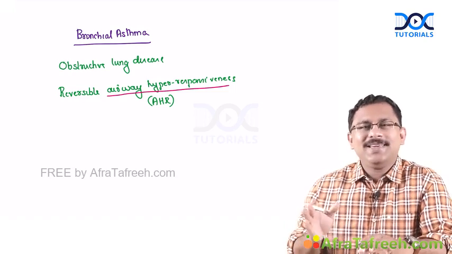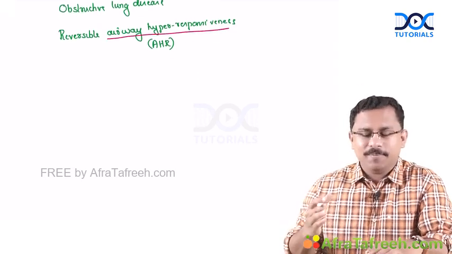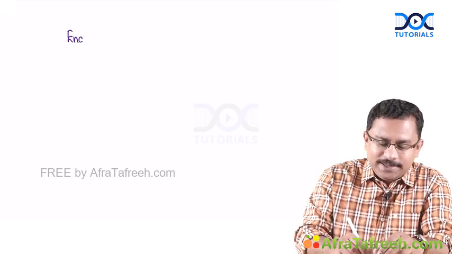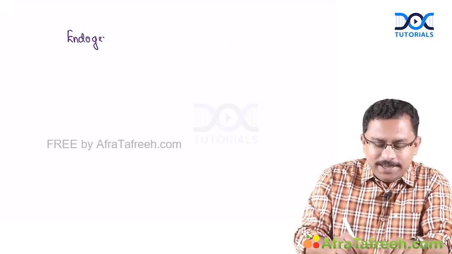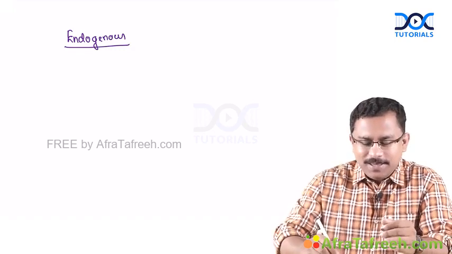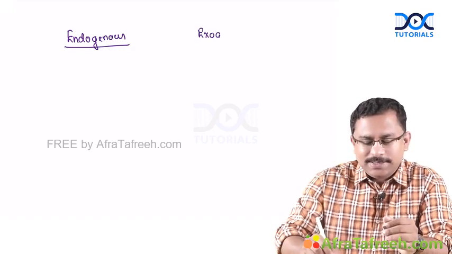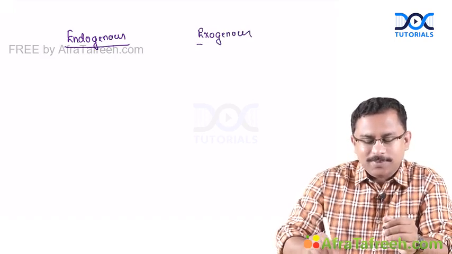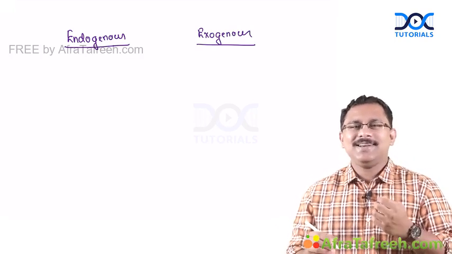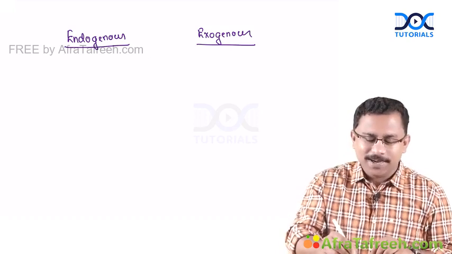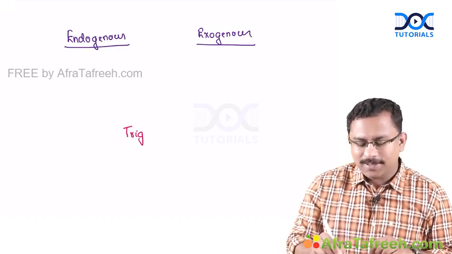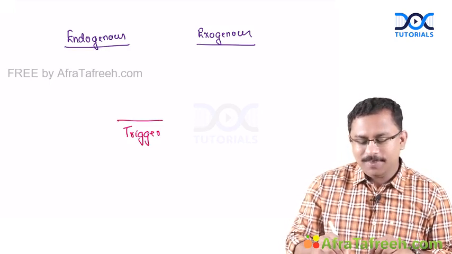When you deal with the risk factors for development of bronchial asthma, you have certain endogenous factors contributing to asthma, and certain exogenous factors contributing to asthma. And then in an individual who has a predisposition to develop asthma, there might be certain triggers which will give you that push to develop the asthma.